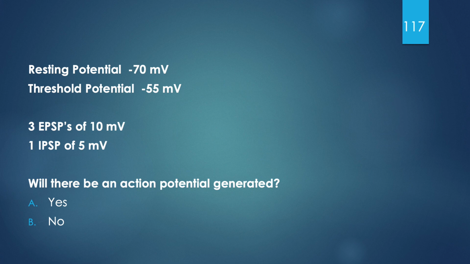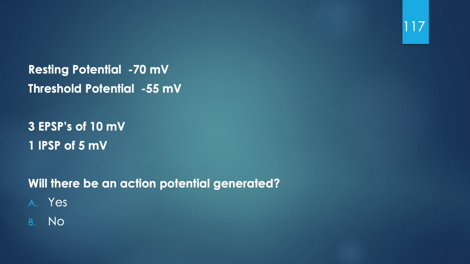This is pretty easy math, but let's break it down. Those 3 EPSPs of 10 millivolts, 3 times 10, is 30 depolarizing millivolts. And 1 IPSP of 5 millivolts is going to be 5 millivolts of hyperpolarization.